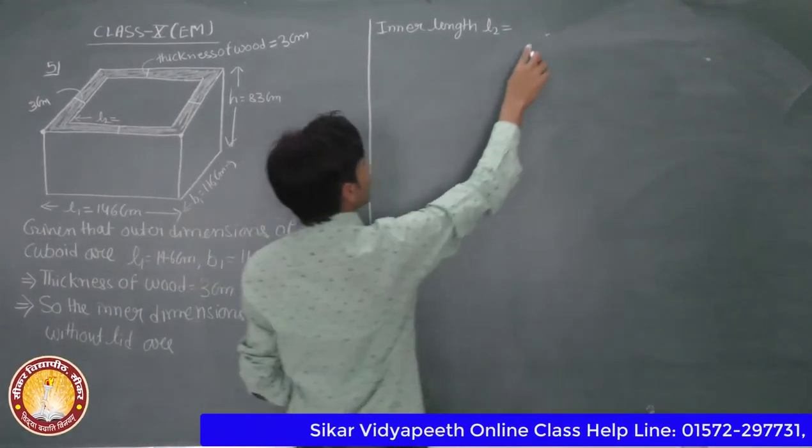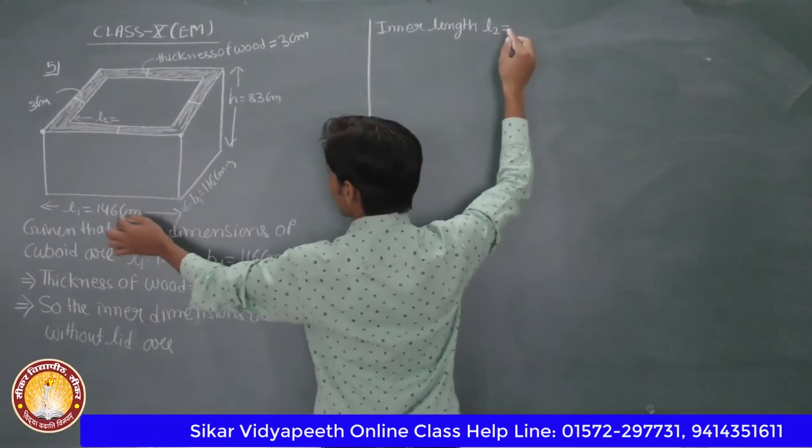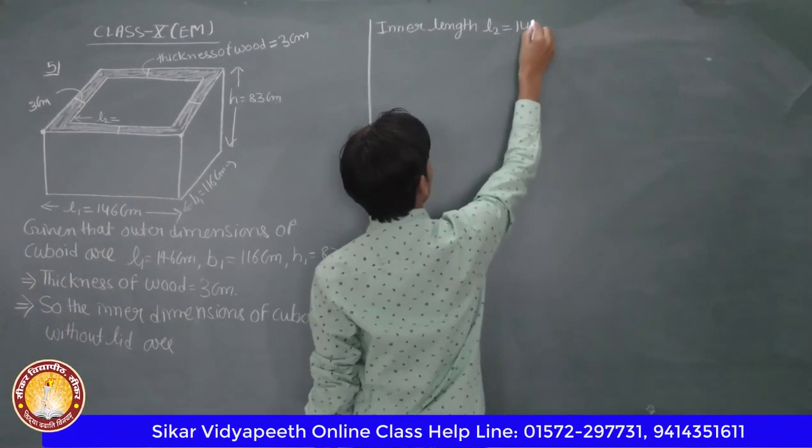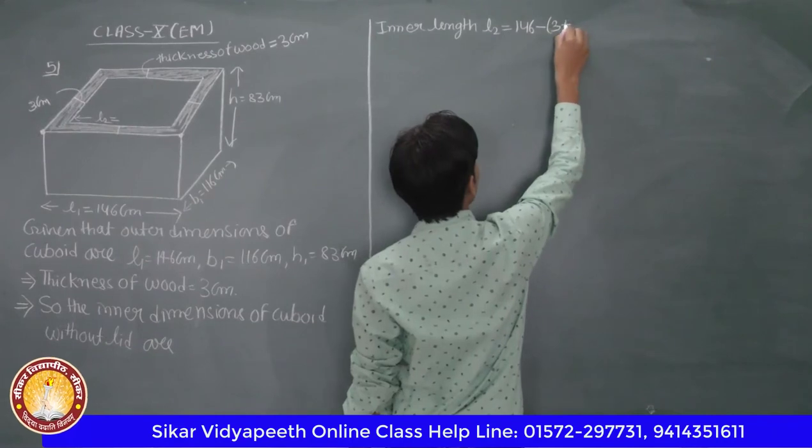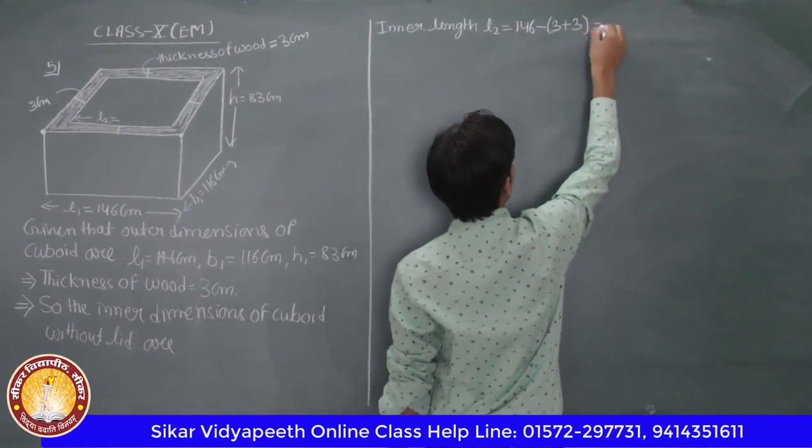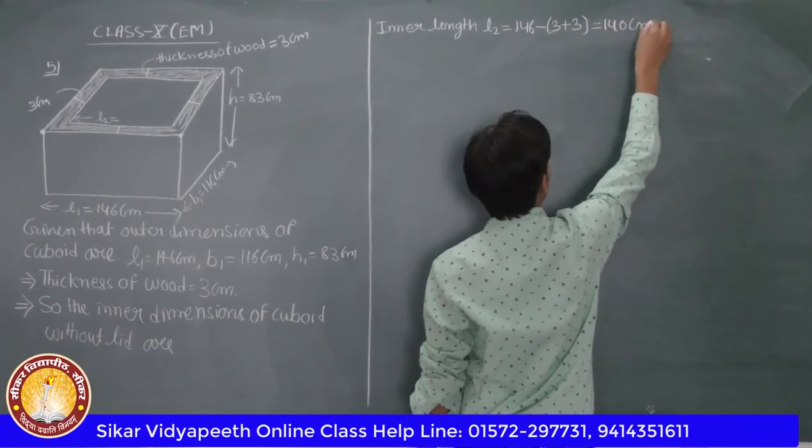If we subtract, 146 minus 3 minus 3 is equal to 140 centimeter.